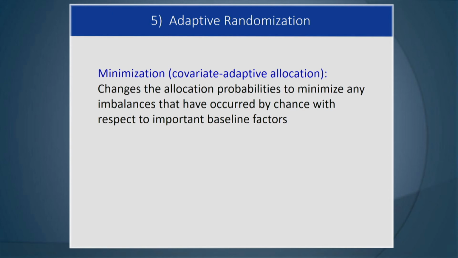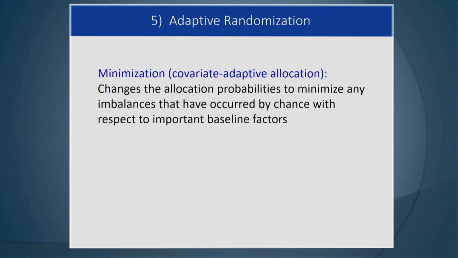We said 1/2 to A, 1/2 to B. But here, after you see where the next man went, A versus B, or where the woman went, A versus B, after you see that, you change the probability. So it's not really 1/2, 1/2.